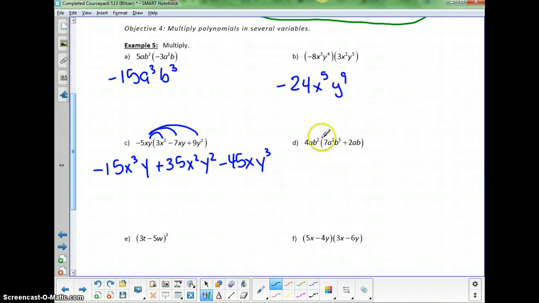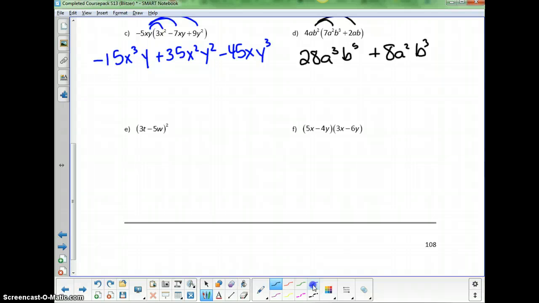In the next one, again, distribute because there are two terms inside the parentheses. 4 times 7 is 28, a to the third, b to the fifth, adding the exponents on the a's and then again on the b's, plus 8, a squared, b cubed.